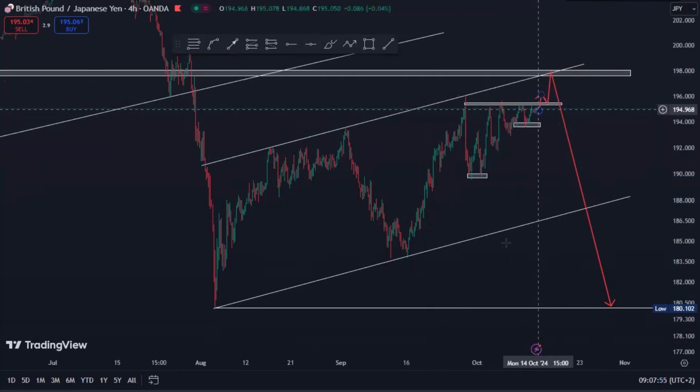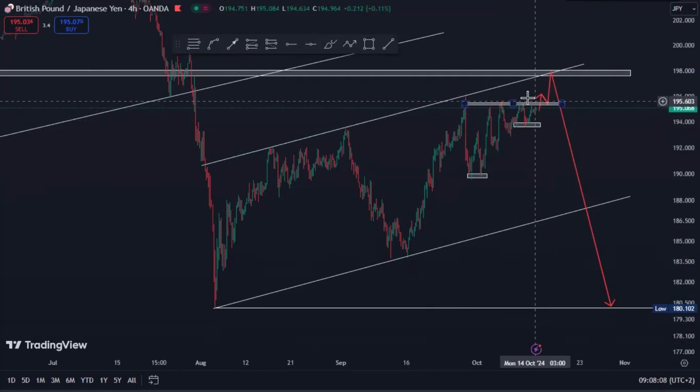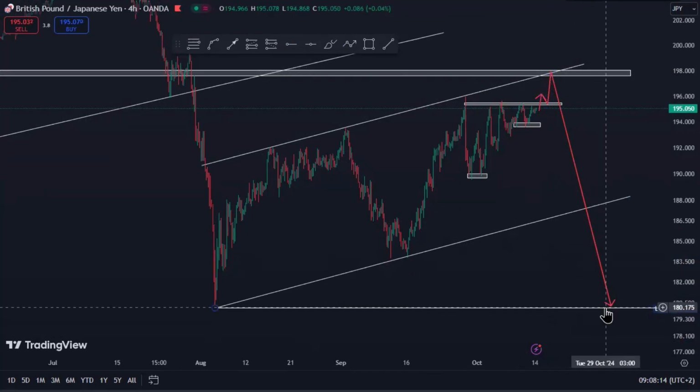But if it doesn't, then it's fine. That means it's going to push down. Then we're going to see a confirmation of a sell. But now it's showing that buyers are in control. Do you understand? So we're going to follow that. So we're going to wait for the market to break this zone, retest, take a trade, the buy here, then you take a sell, then we go down.